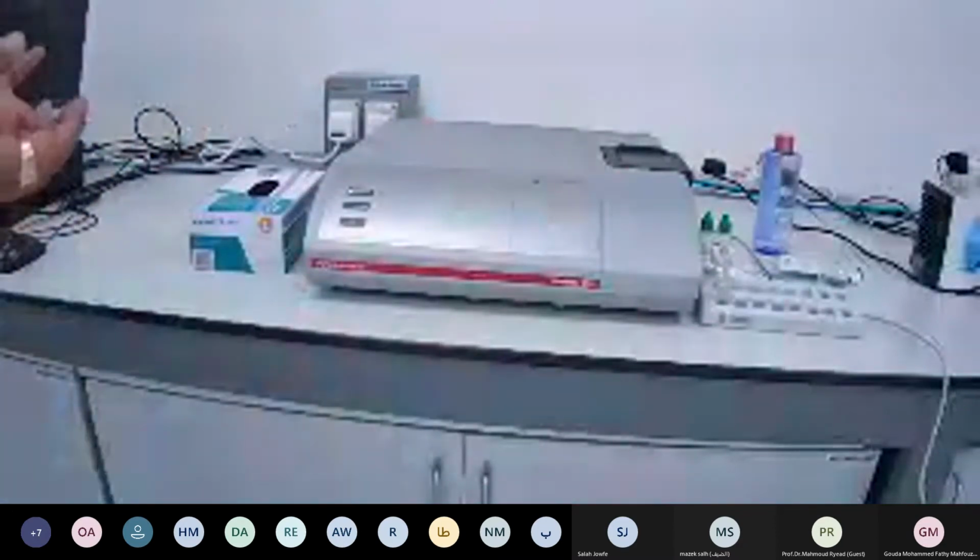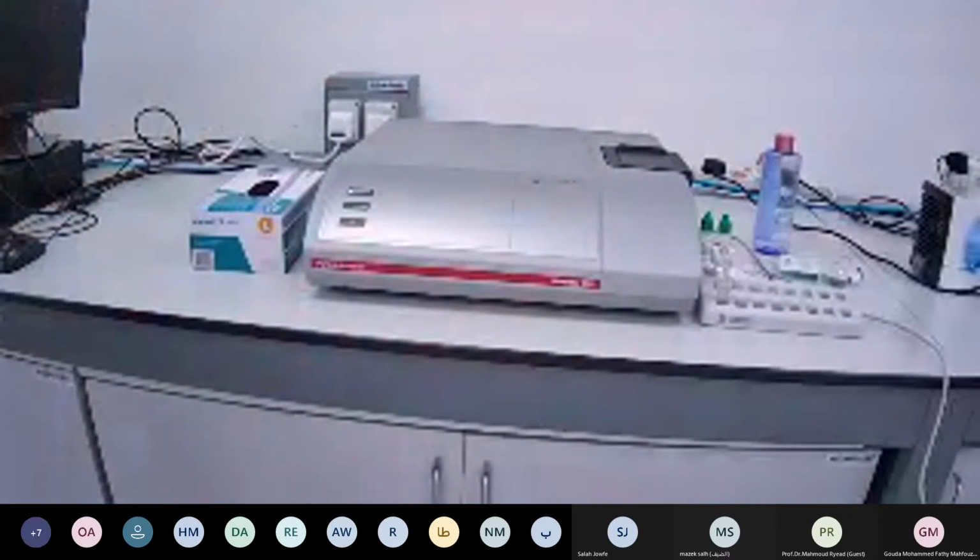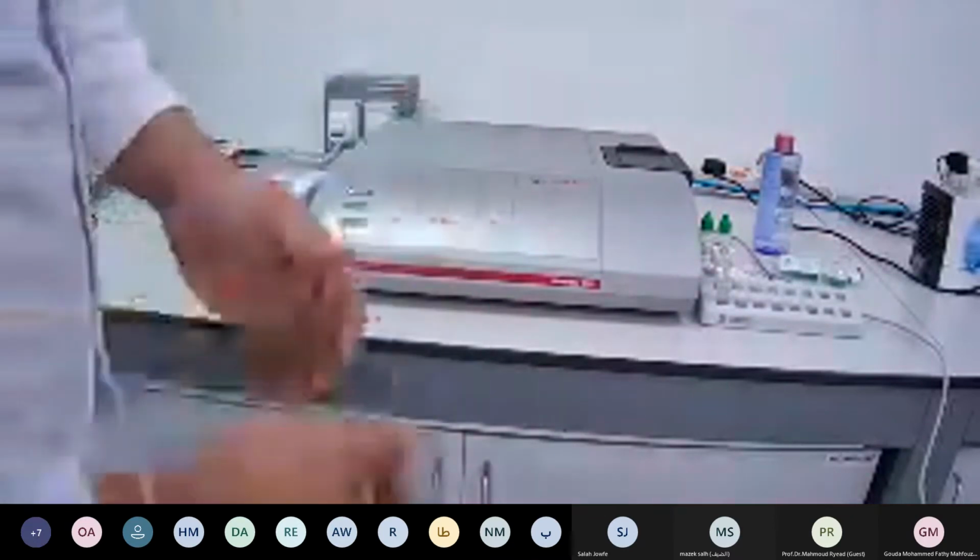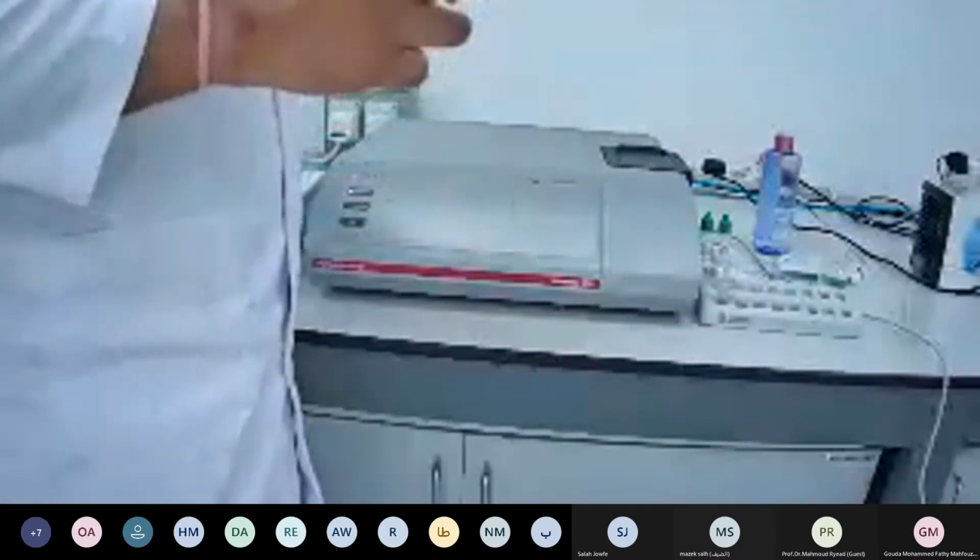If you want some idea about the turbidity of your sample, you cannot directly quantify using transmittance values, but you can somewhat correlate with the turbidity of the solution.